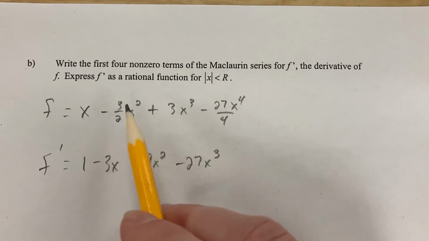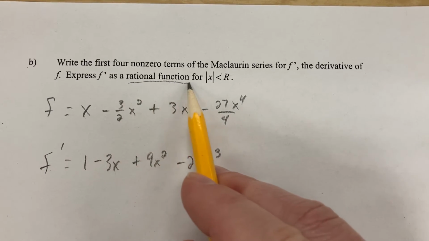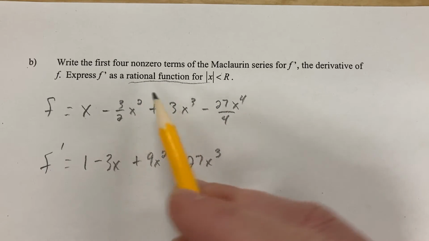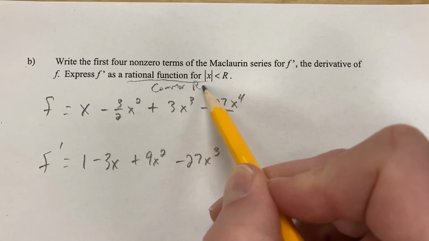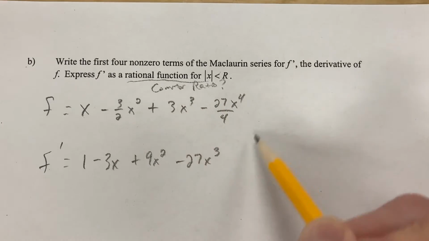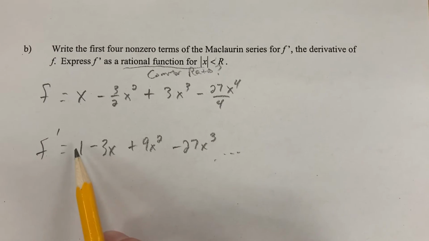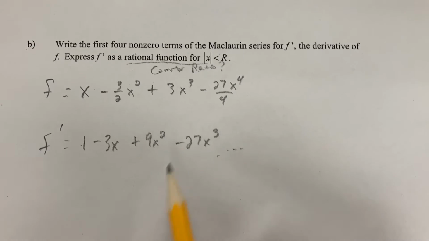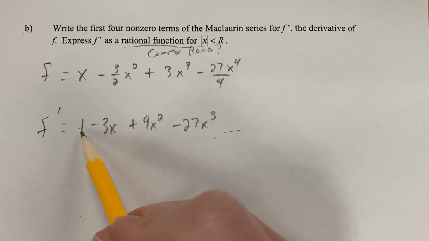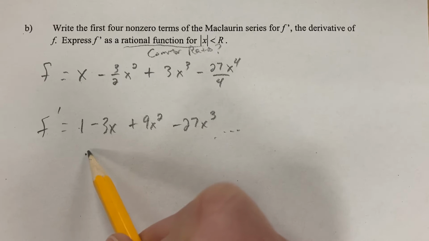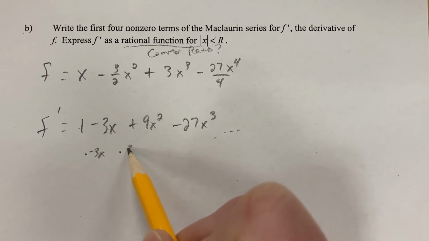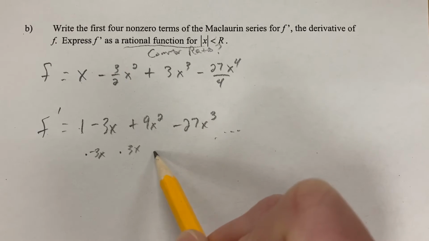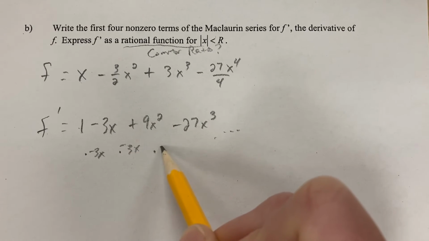Now, when they say write it as a rational function, what they mean is, do you notice that there's a common ratio here? Like if you look, how do I get from term to term? Well, to get from 1 to -3x, I multiply by -3x. To get from here to here, I multiply by -3x.